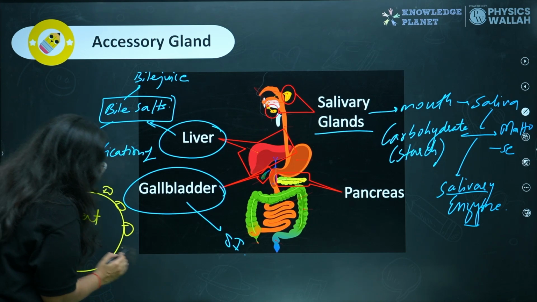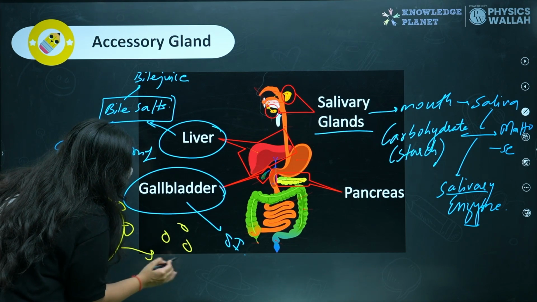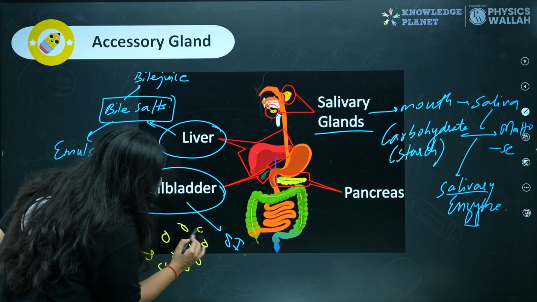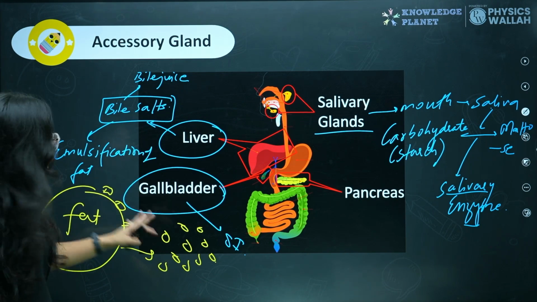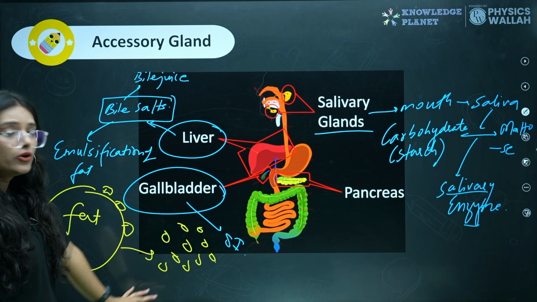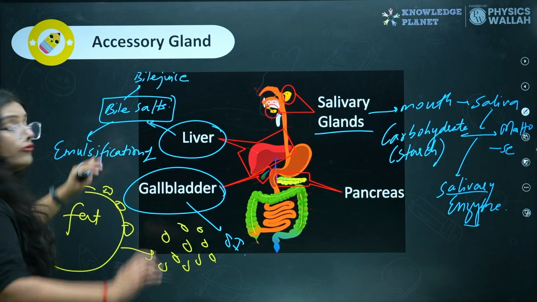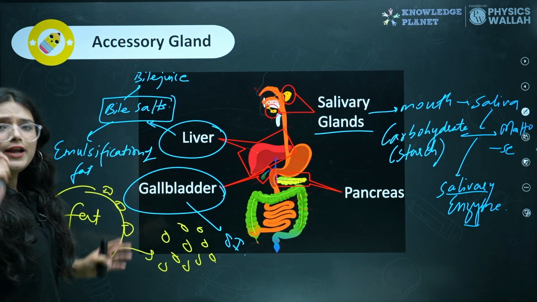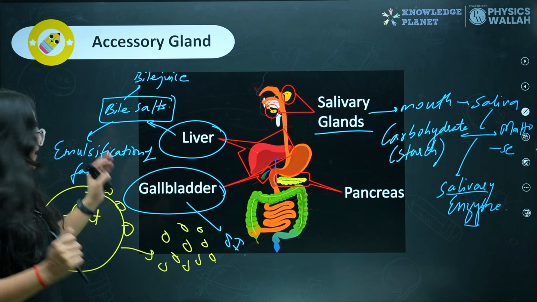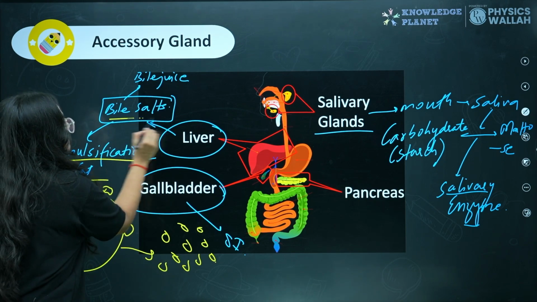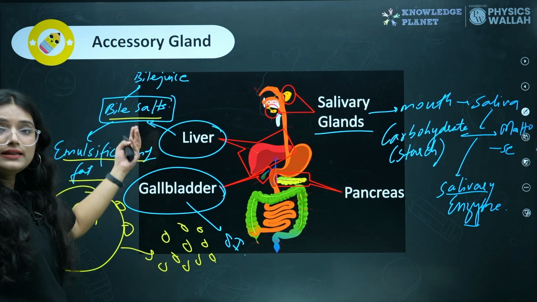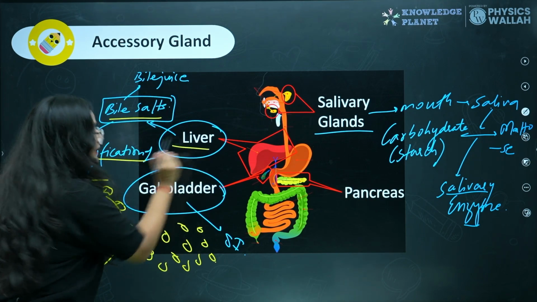So that's why we need to break them down into smaller, tiny droplets of fat, so that the enzymes can efficiently work on these tiny fat droplets. Okay, this process of breakdown of the large globules of fat into tiny fat droplets is known as emulsification of fat. That is done by the bile salts, which are present in the bile juice secreted by the liver.